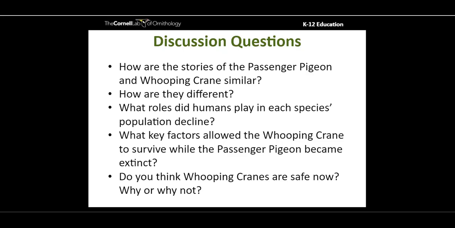The passenger pigeons could not be successfully bred in captivity and therefore went extinct, whereas we found creative ways to raise whooping cranes in captivity and they were able to be saved from the brink of extinction. I would argue they're not safe now because there's only one wild remaining population and one reintroduced population. So they're vulnerable to natural disaster or disease, but we are much better off than we were previously.